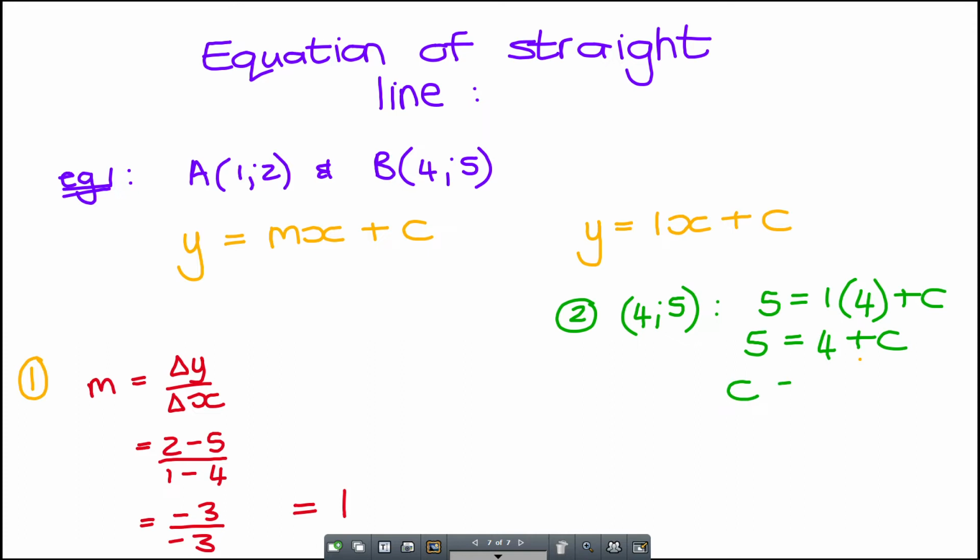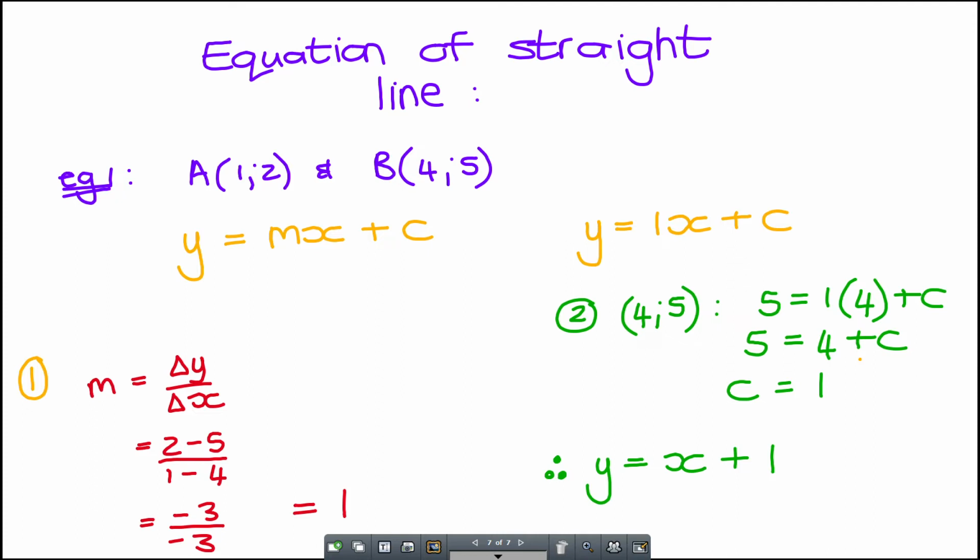So c will again be 1. Want as ek daai 4 oorvat, it becomes minus 4. Right? Everyone fine? So my final equation will be y is equal to 1x, or you can just say x plus 1. Okay. You guys good? Good.